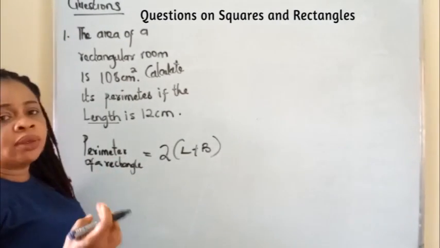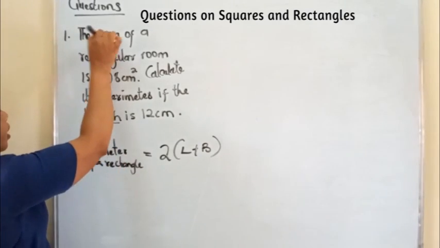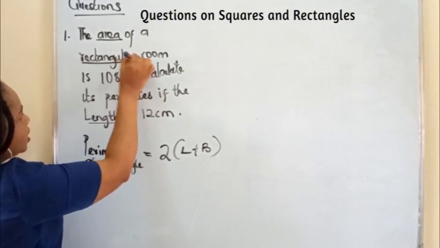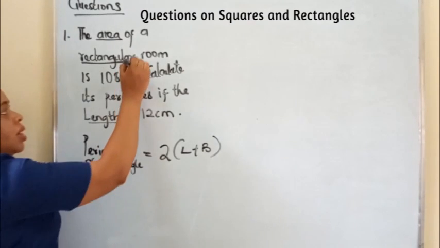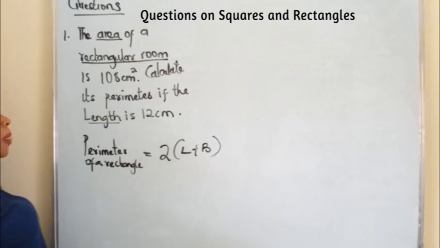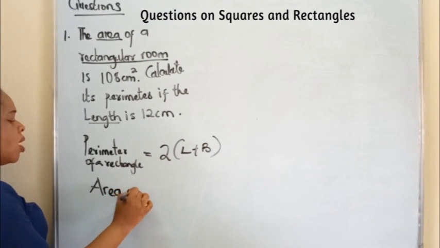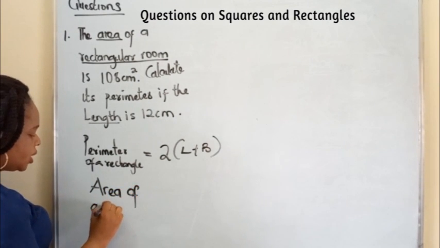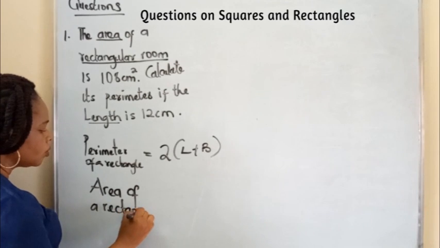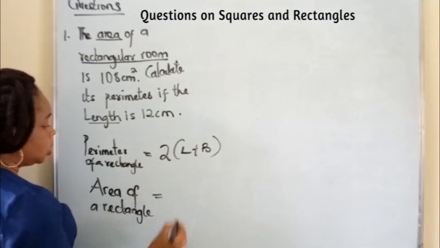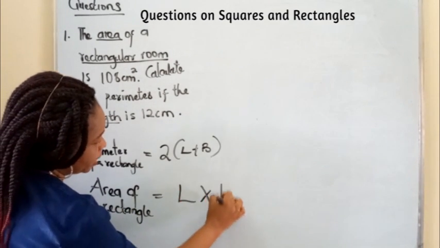What were we given? We are given the area of a rectangle, or a rectangular room, as the case might be. Now, how do I define the area of a rectangle? Length times breadth.